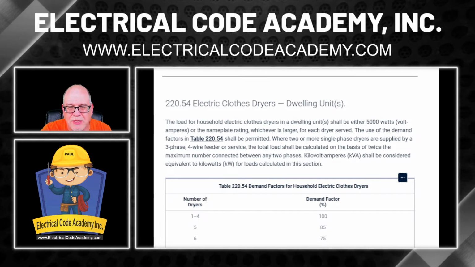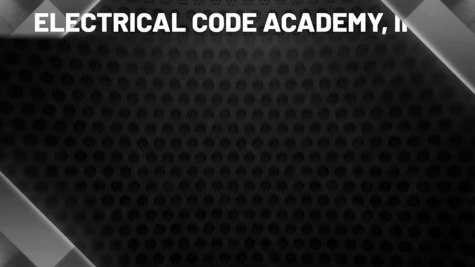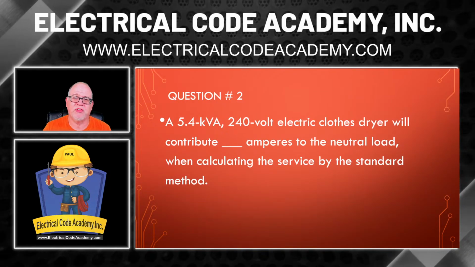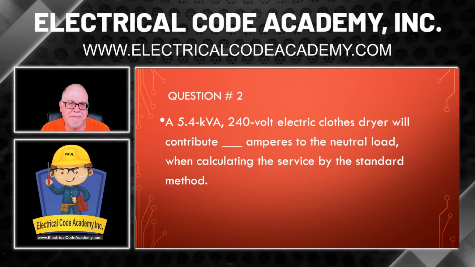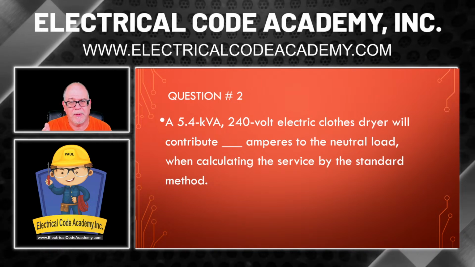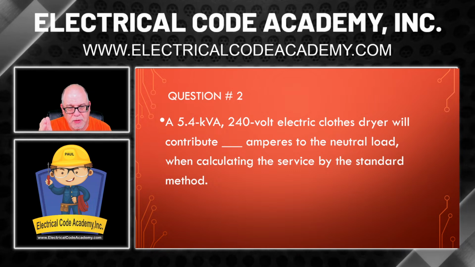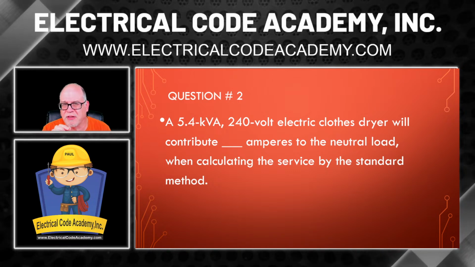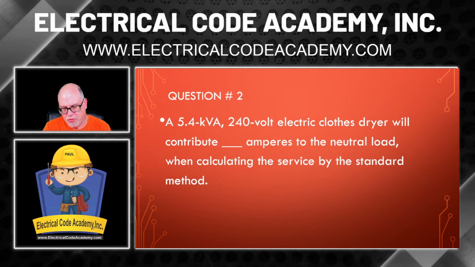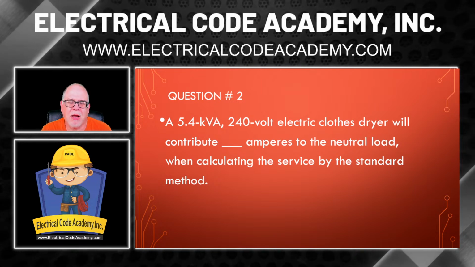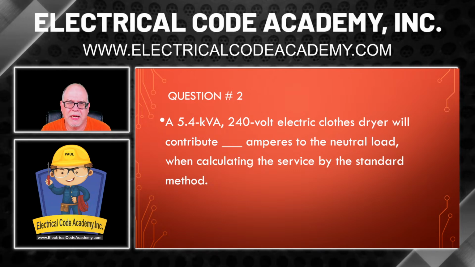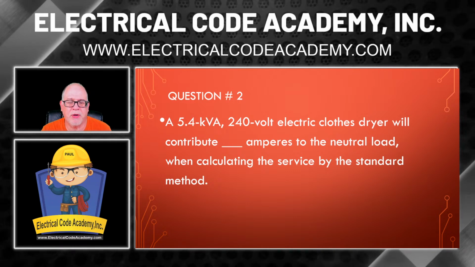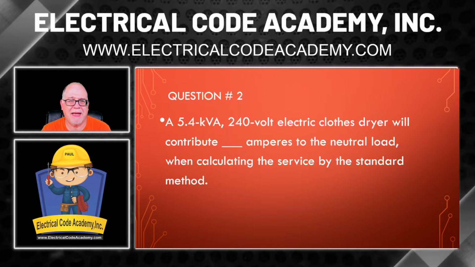So let's go back and look at our question. So there's our question. It was 5.4 kVA and 240 volts, right? So we're trying to get the amps. Now, you might be thinking to yourself, you're one of those astute students, I can tell, and you've said, well, you know what, Paul? All I'm going to do is use Ohm's law, and I'm going to take the 5.4 and divide that by 240.